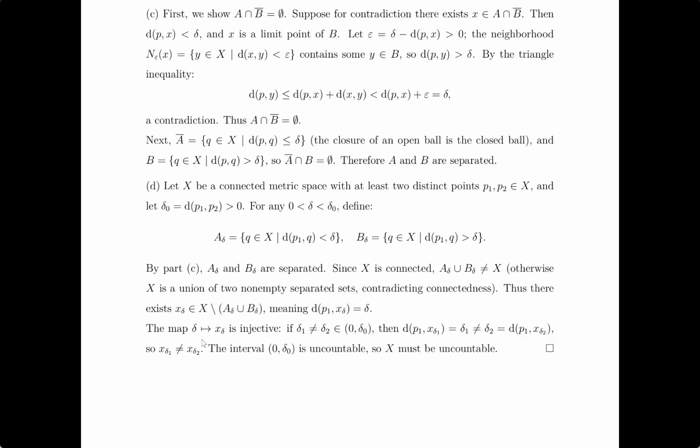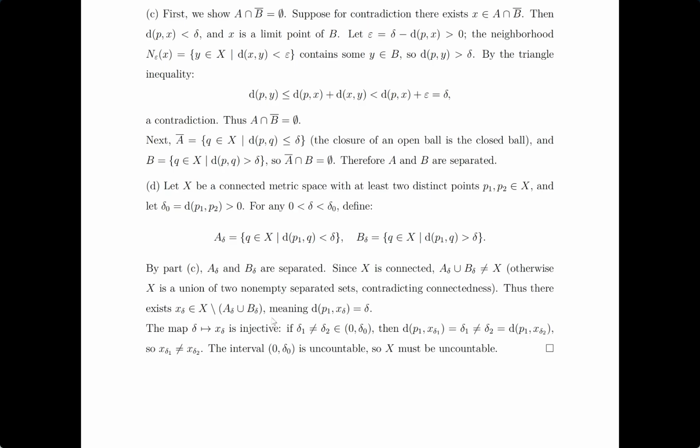So there exists x delta belonging to X minus the union of A delta and B delta, meaning d(p1,x delta) equals delta.